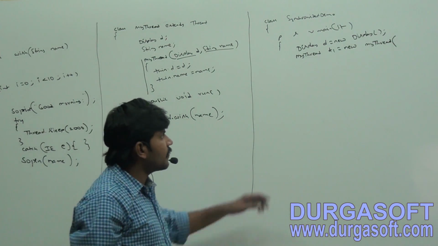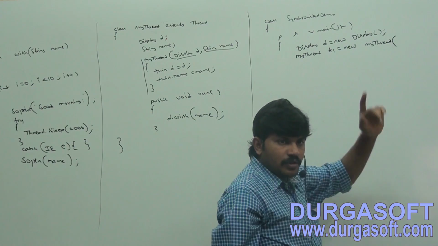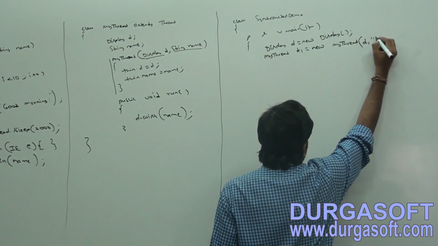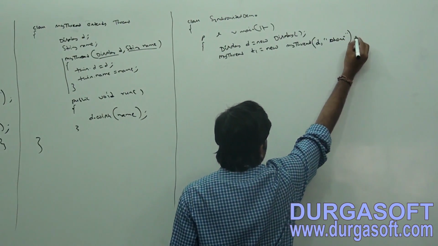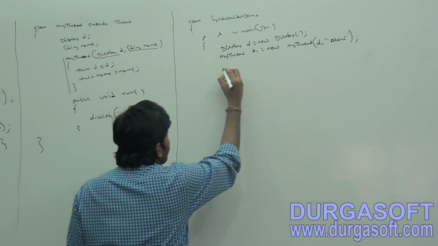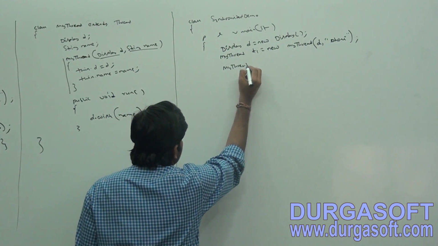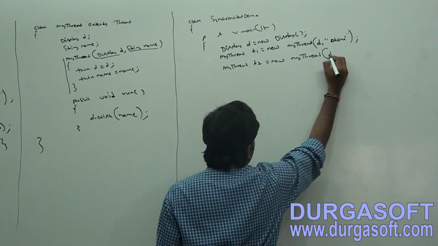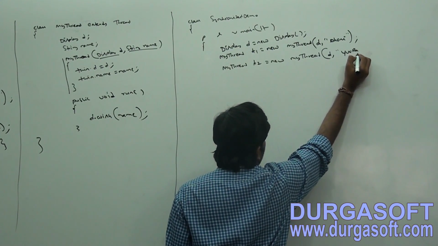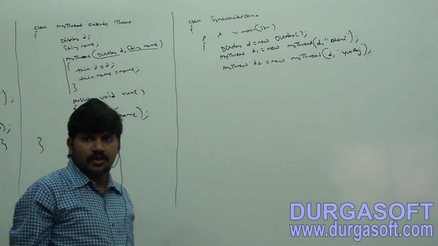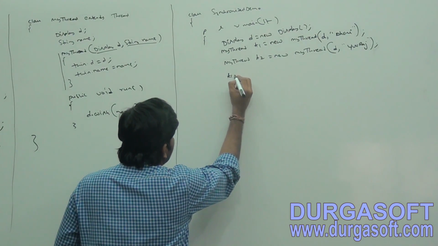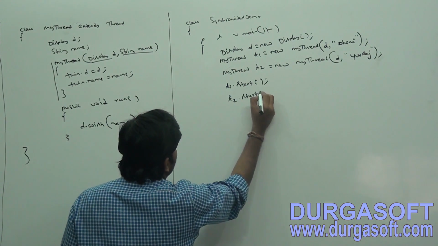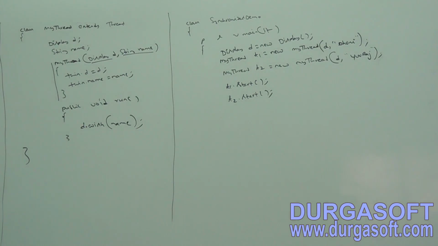MyThread t1 = new MyThread(d, "Dhoni"). Next MyThread t2 = new MyThread(d, "Yuvraj"). Now t1.start, t2.start.